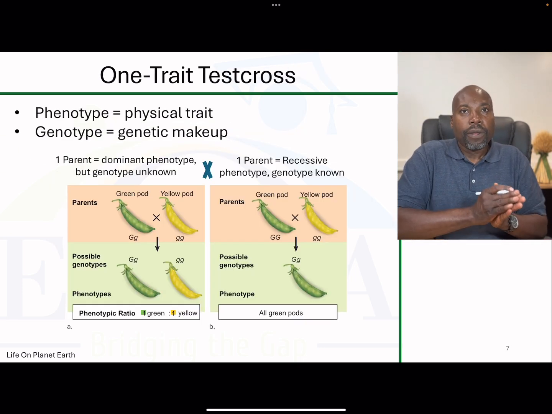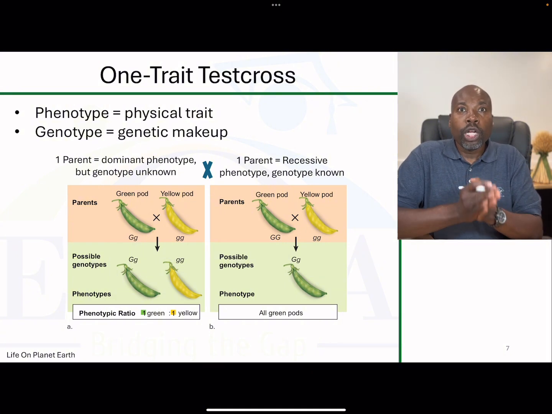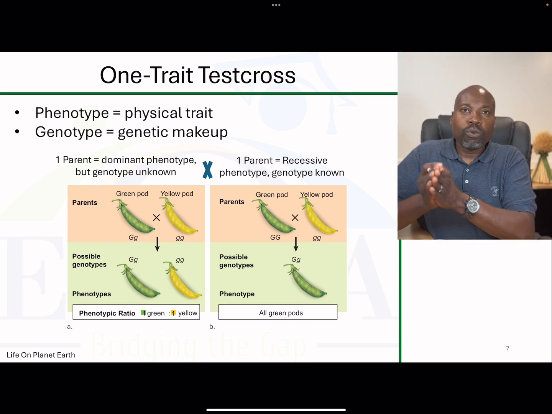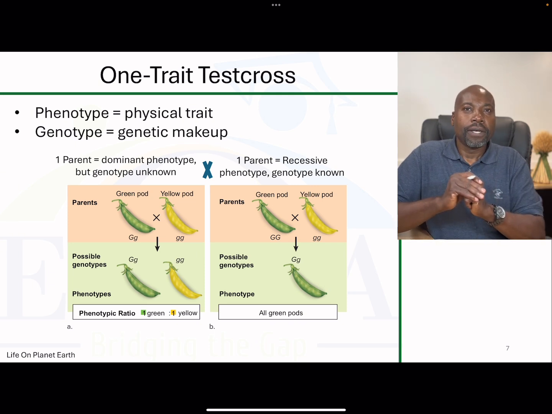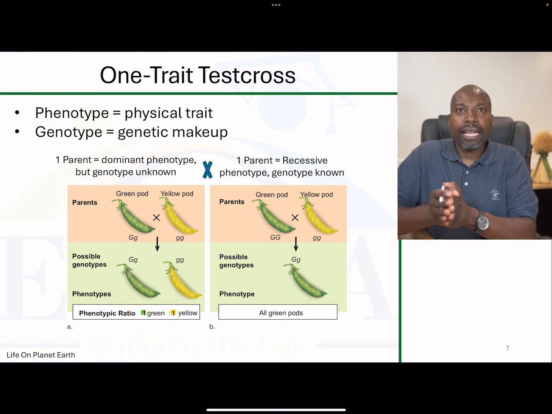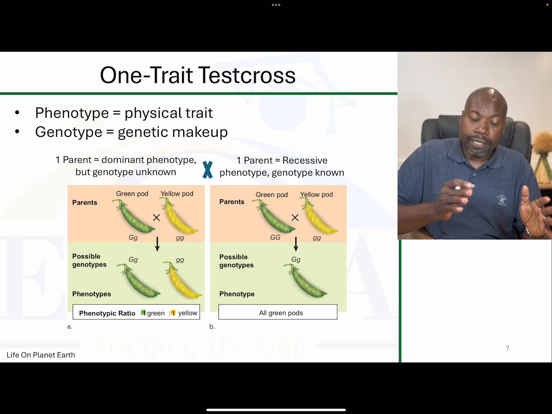Now, sometimes Mendel would know the genetic makeup of one plant, but wouldn't know the genetic makeup of another plant. So then he wondered, how can I tell the genetic makeup of the unknown plant?